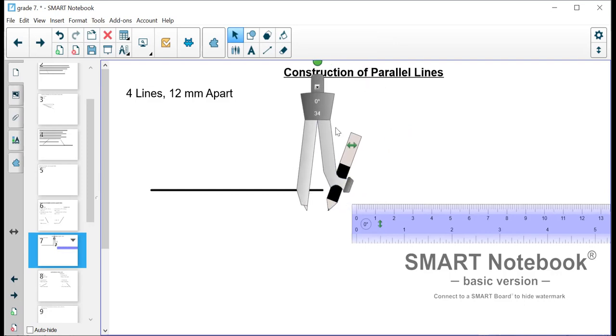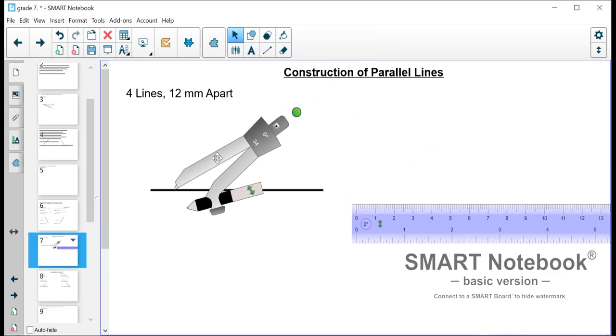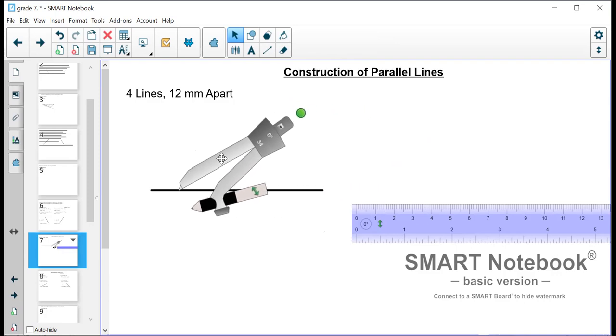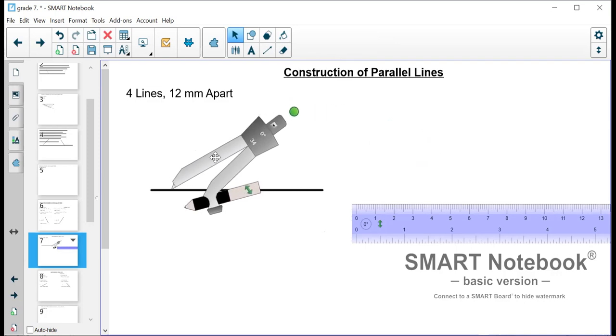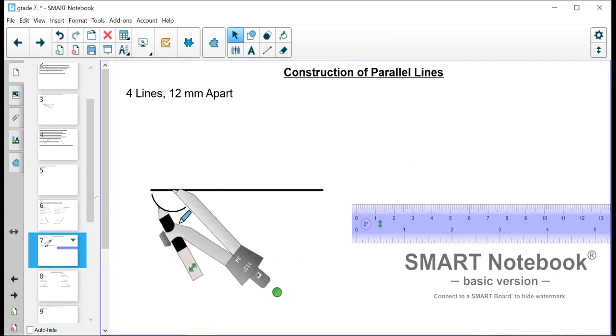Now, when you finish there, you place the compass point anywhere on the line. Now, preferably, you would want to be more towards the end of the line. Right, you can place it somewhere closer to the middle, but preferably place it closer to the end of the line. Now, when you're there, you draw a semicircle.